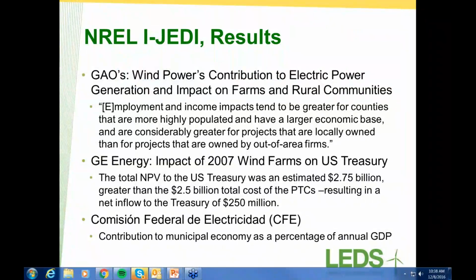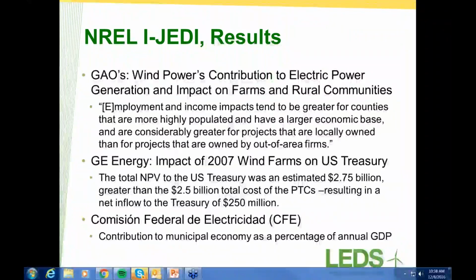And one thing they did was to make the results more user-friendly. They are showing the results as a contribution to the municipal economy as a percentage of annual GDP.